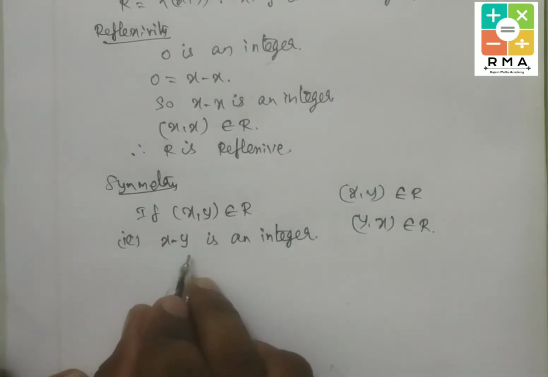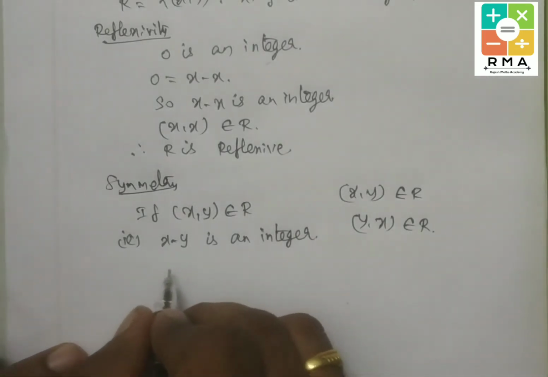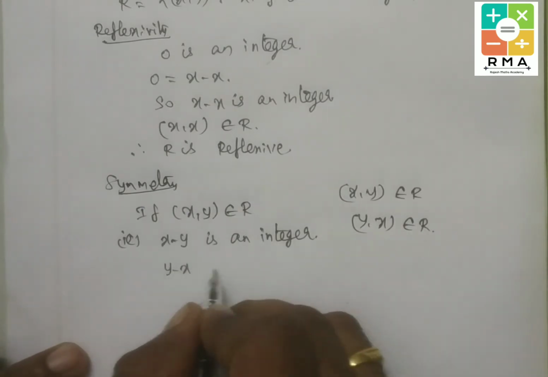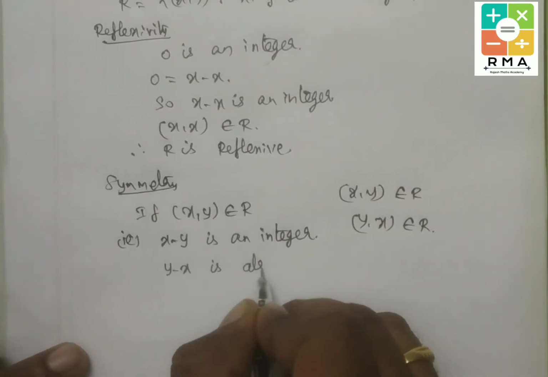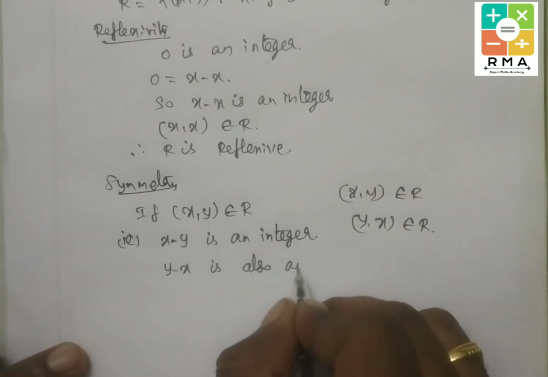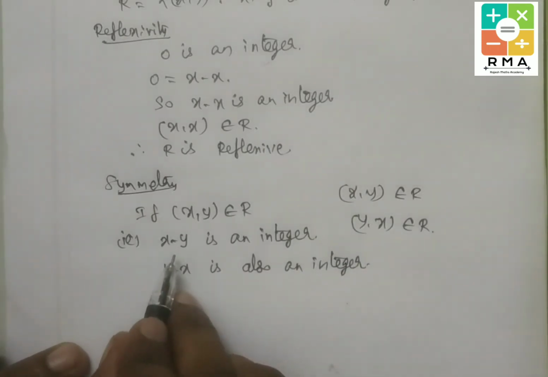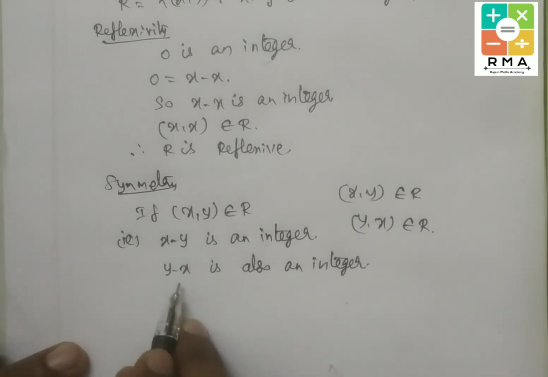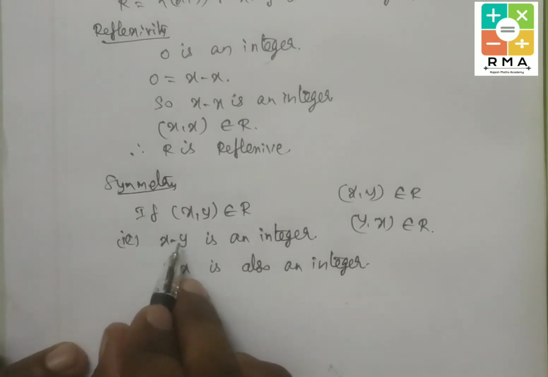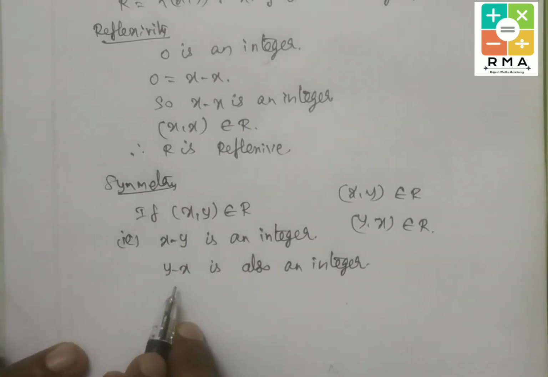If x minus y is a positive integer, then y minus x is also an integer. What type of integer? If x minus y is a positive integer, then y minus x is a negative integer. If x minus y is a negative integer, then y minus x will be a positive integer.